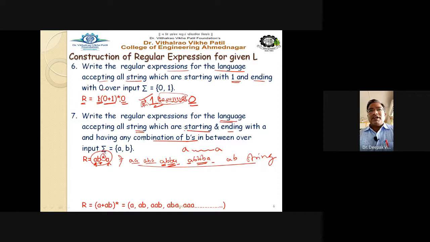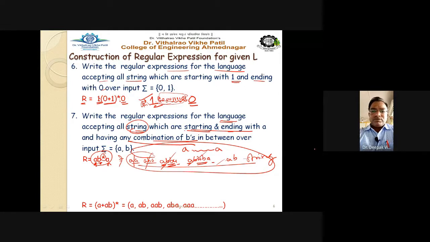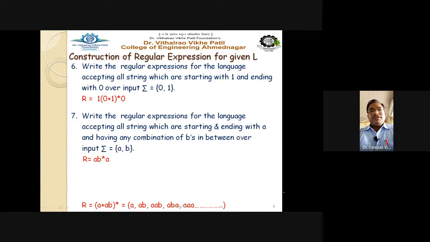The language consists of all strings which start and end with A and have any combination of B. Any combination means 0, 1, 2, 3, 4, and so on, any possibility is there. Right? So let us see the next one.